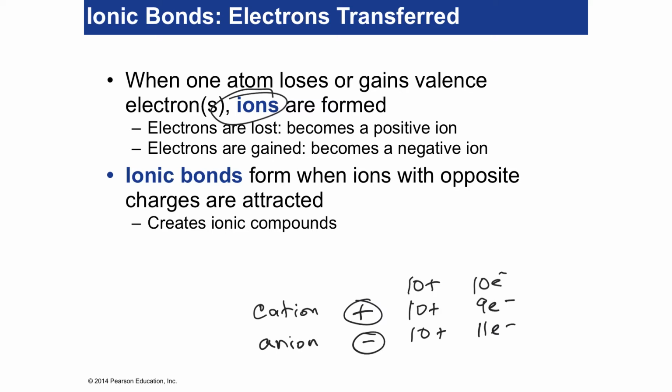So when a cation and an anion attract, they're attracting not really by chemical forces at all, but by electric forces. You have an electric force which takes two oppositely charged particles and attracts them together.